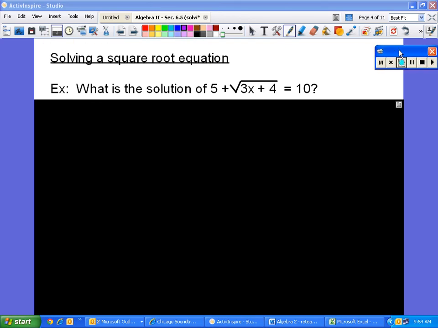All right, so we are going to solve square root and other radical equations. Now, the only difference between this and other algebraic equations you've seen, obviously, is the inclusion of the square root.